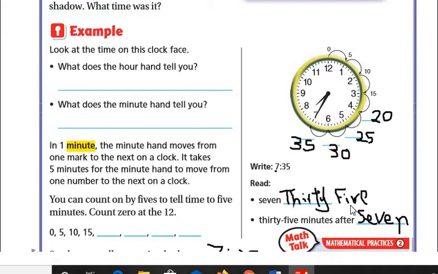One of them is like this: 7:35. 7 is the hour, then 35 is the minutes. Or 35 minutes after 7. Okay?